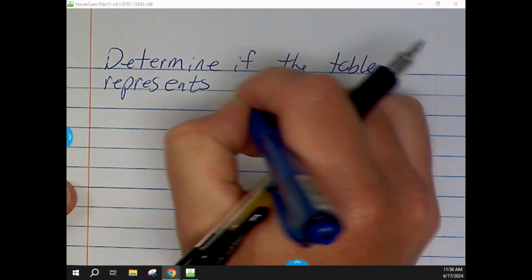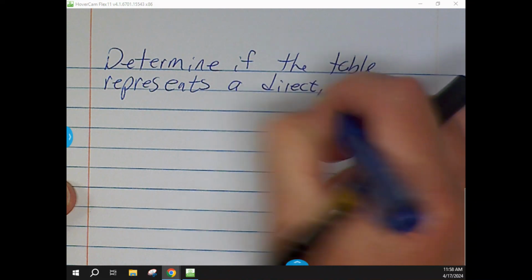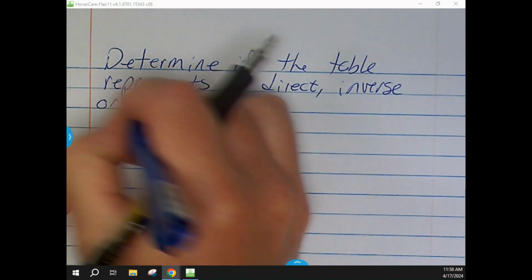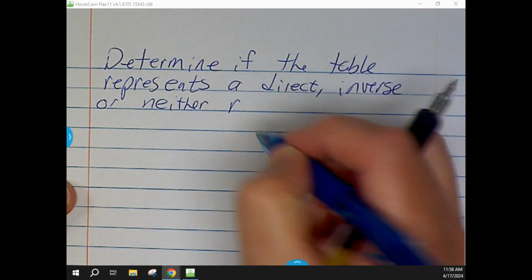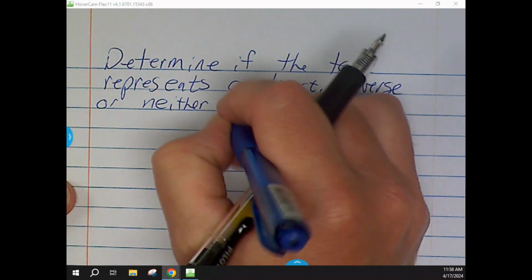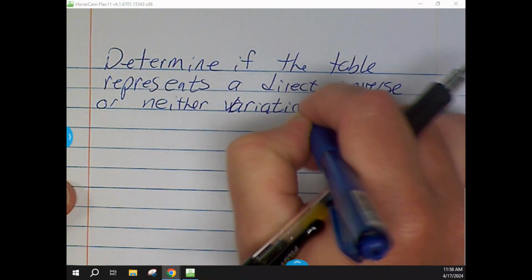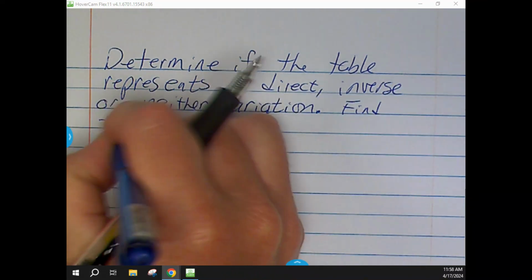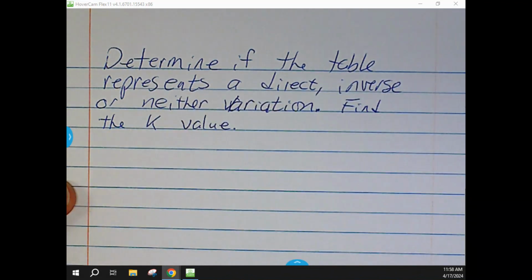Determine if the table represents a direct, inverse, or neither variation. And we're going to find the k value.